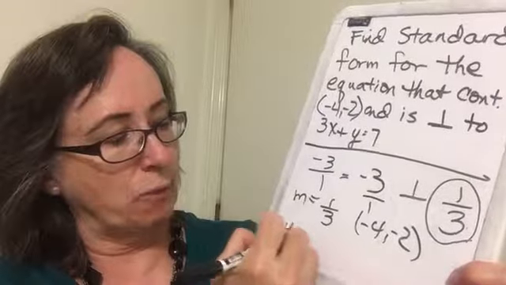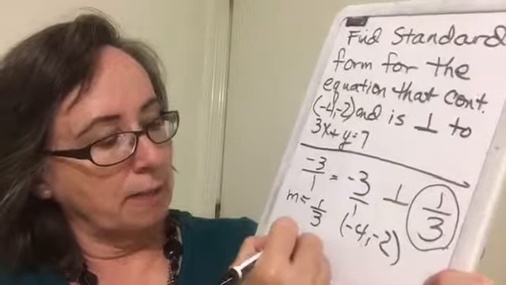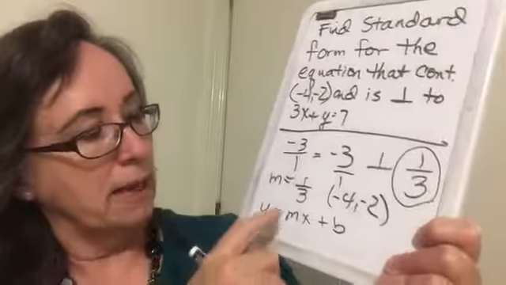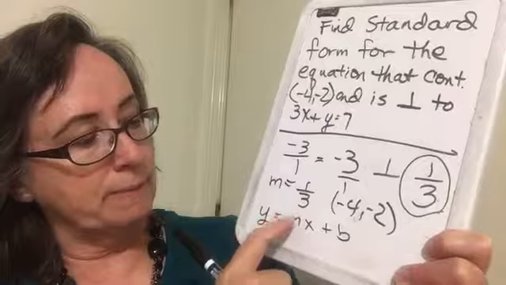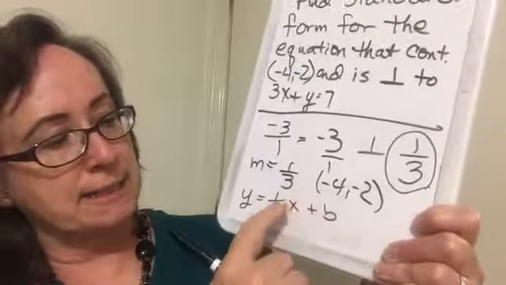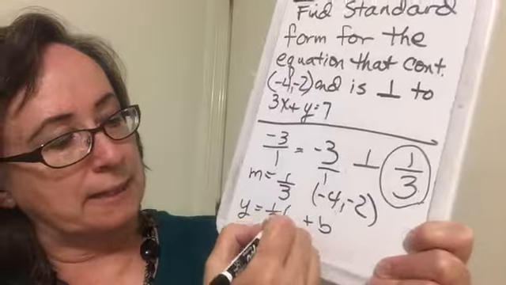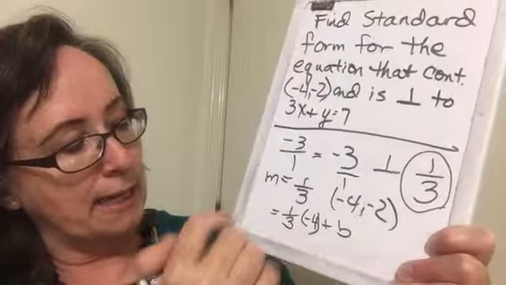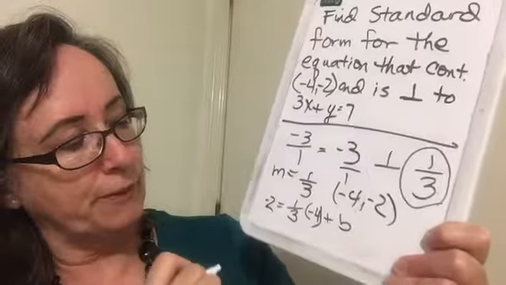So we'll do it with y equals mx plus b again. And so our m is 1/3. Our x is -4. We can plug that in because this is a point that makes the line true. And a -2 over here.